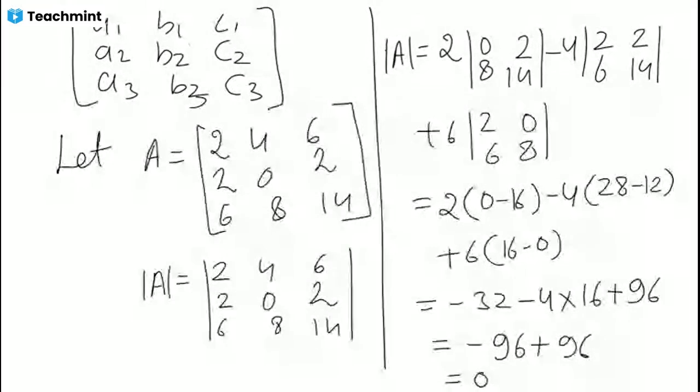Wait for a while. A is equal to 2, 4, 0, 2.